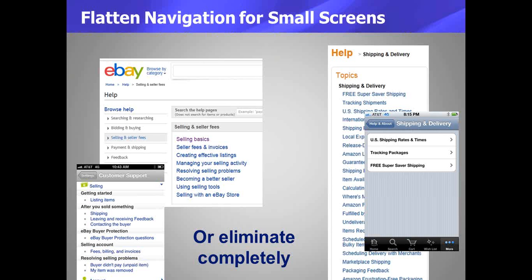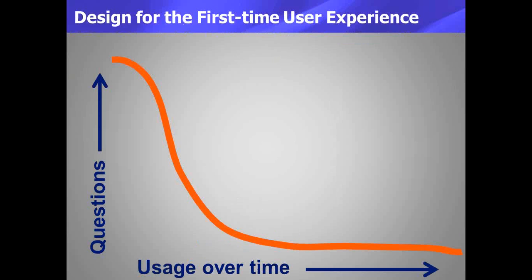So they had to make some decisions, but you can see that they eliminated a large number of the items that you would have found in the desktop table of contents. And so it's on us to do the research to think about what's different about that small screen mobile experience and what we can leave behind that was displayed on the desktop.